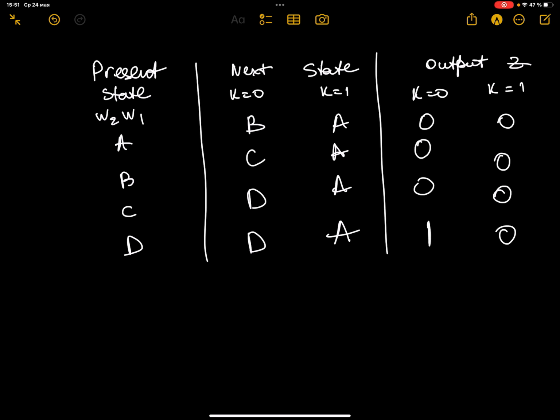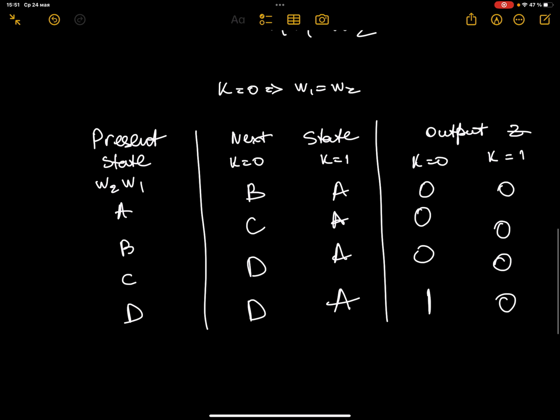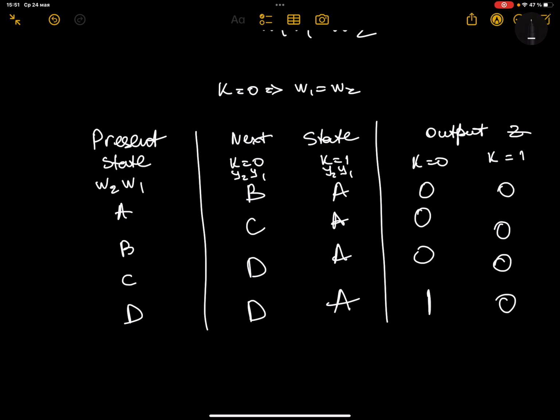So we already talked about it. Next states are denoted as big Y2, big Y1, and I'm going to write the binary representation of the states. We have 4 states. How many bits do we need to represent 4 different states?